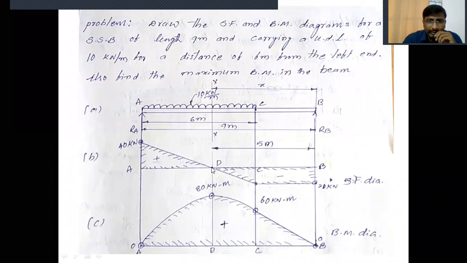Wherever the shear force is 0, locate the extra point and draw the vertical line to draw the bending moment diagram for that point, because at shear force 0, the maximum bending moment occurs. Like this, you have to draw the shear force diagram. Some of the portion is negative shear force. From D to B is the negative shear force, and from A to D is the positive shear force. Like this, you have to draw the SF diagram.